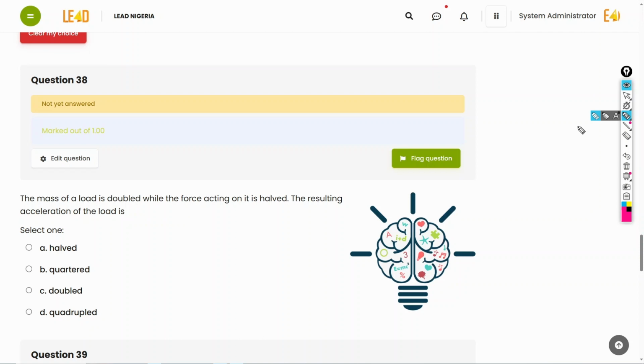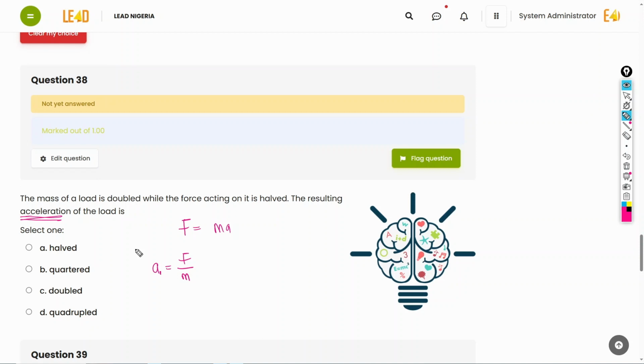But the method matters more than the solution, as it were. So let's do this together. The formula that relates all of them is F equals ma, but we want to monitor the acceleration, so it's best to make acceleration the subject of the formula. So A equals F over m. In fact, I'm going to say A1 for the first scenario, because we're trying to monitor what happened in the second scenario.